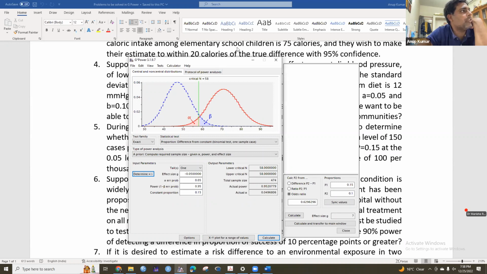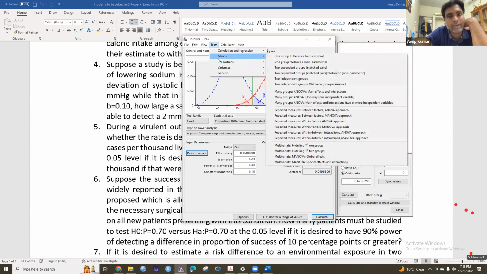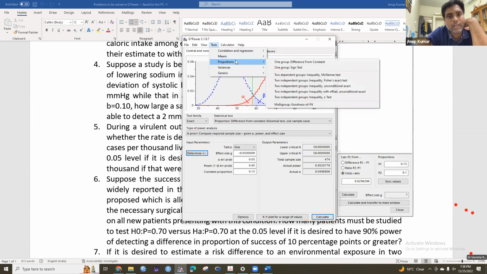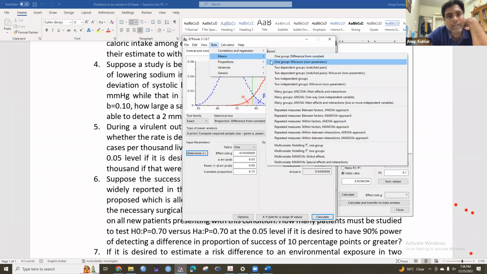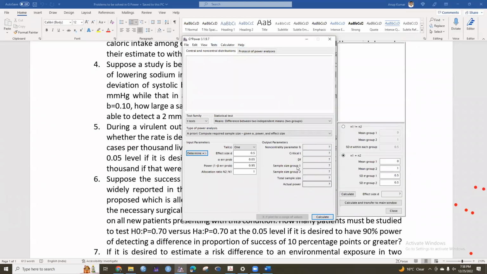Just look at this test, and then when we go to the mean, when there are experimental groups, you have two independent groups. When we calculate this, you have a sample in group 1 and a sample in group 2. So in this way, the total sample size will also come, and how many samples in group 1 and how many in group 2.